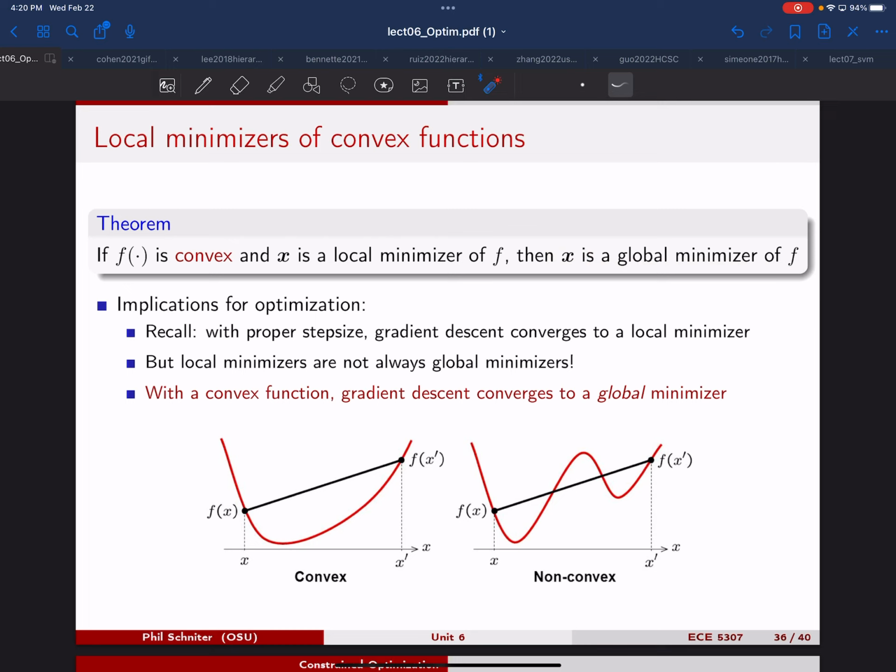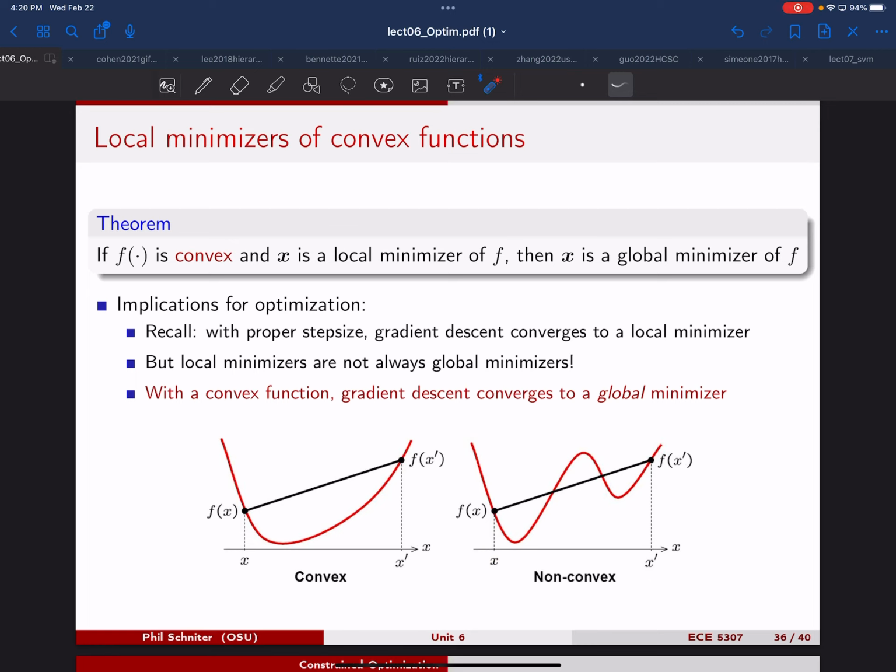So here's just a couple pictures of a convex function. As you can see, this has a unique minimum in this case. This one, which is non-convex, you can see it has two local minima, and then this local minimum is the global one, and this one is a bad local minimum.